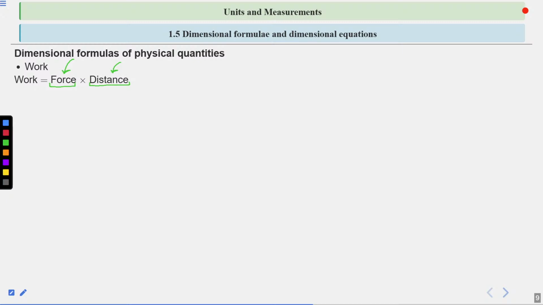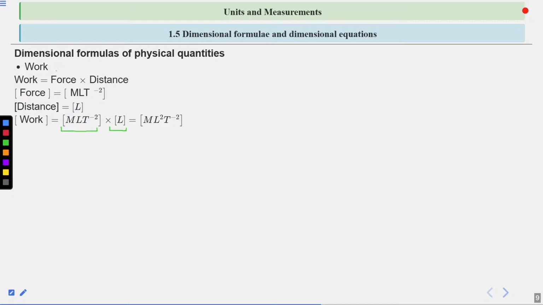Clear? The dimensional formula of force is [M L T^-2], and the dimensional formula of distance is [L], only L. So after multiplying, it will be M L squared, because here L into L is L squared, and T raised to the power minus 2.